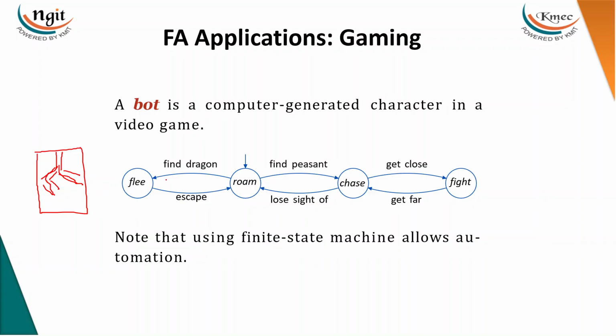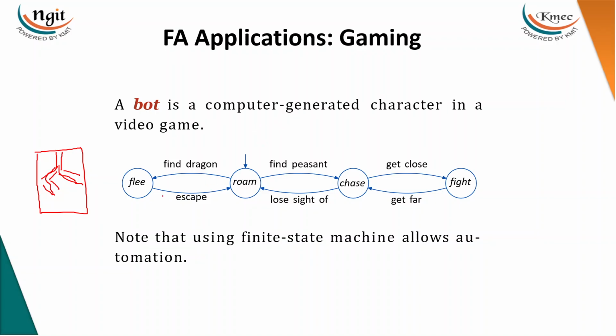Then for example here: flee, escape, and roam; find peasant, chase, get close, fight, and get far, lose sight, go to roam again. Then if you find a dragon, just flee away. This is how the bot, the computer-generated character in a video game, is going to work.